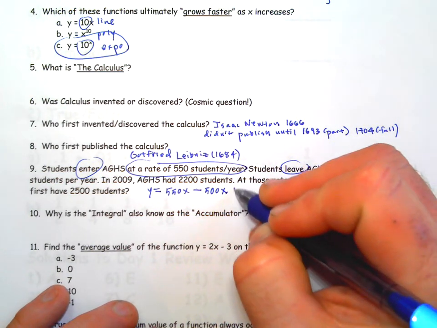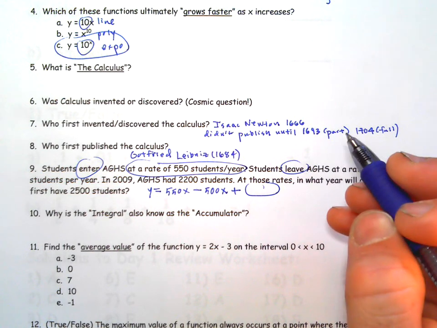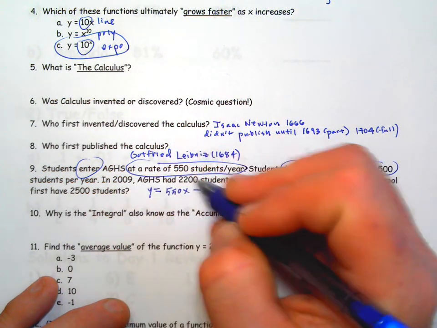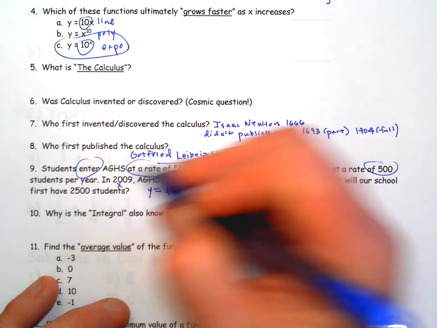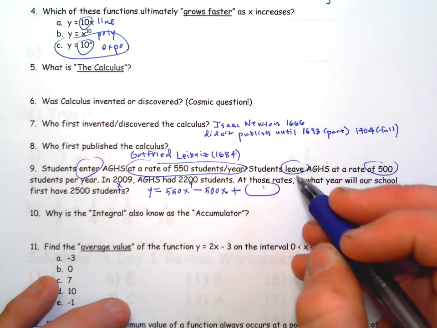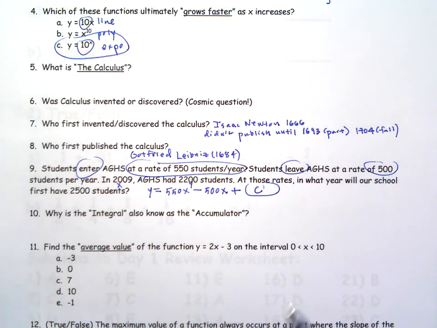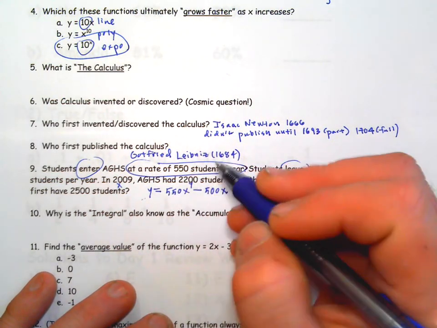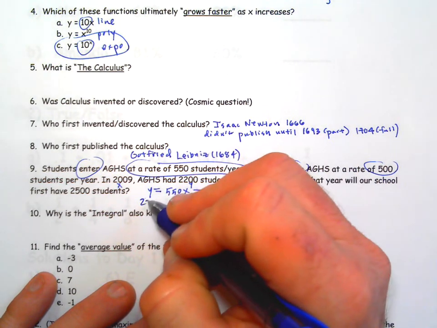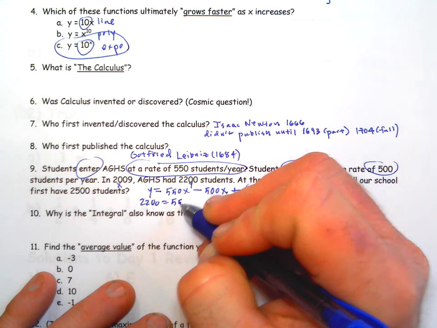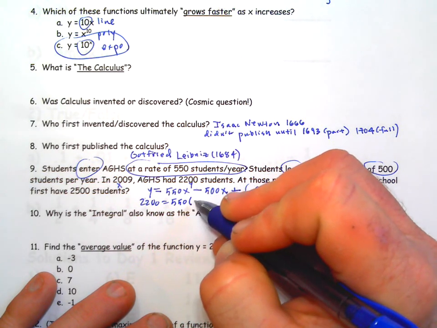Then you have to add some initial known value, and that's where we can use 2009 as your x value. We had 2,200 students. So we might put a C here for right now and ask, what is that value? In 2009, when x equaled 2009, we had 2,200 students.